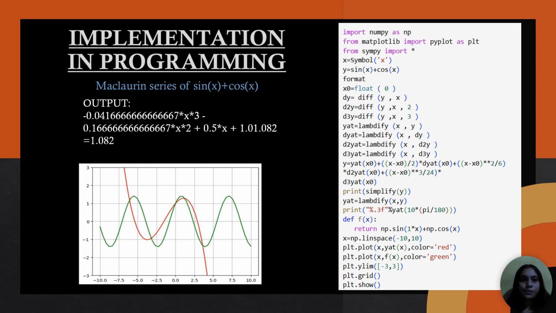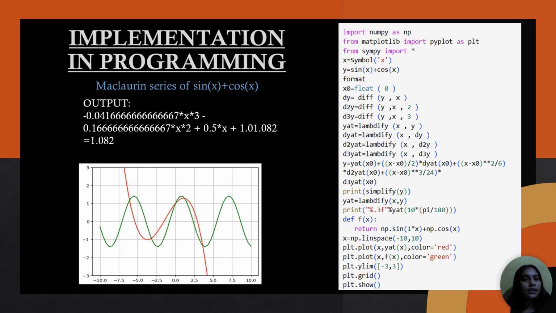And then next we can see we have done the symbolic representation for a function of x. Here you can see we have defined the symbol x, and then we have taken the function y equals sin x plus cos x. Here again a symbolic variable x is defined using the symbol, and the function is defined symbolically.